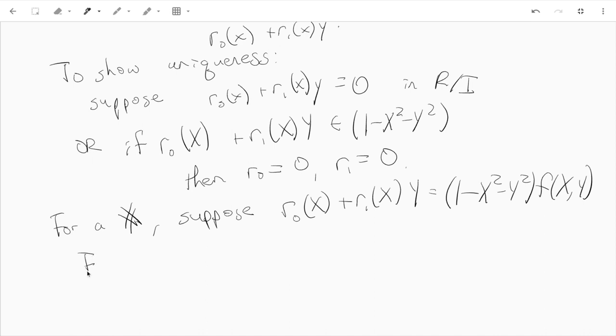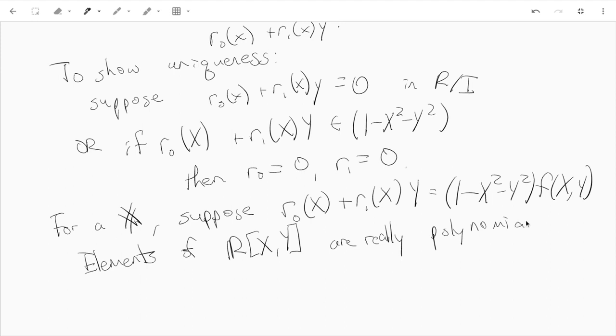Just remember, elements of this polynomial ring in two variables are really polynomials in y with coefficients that are also polynomials in x.